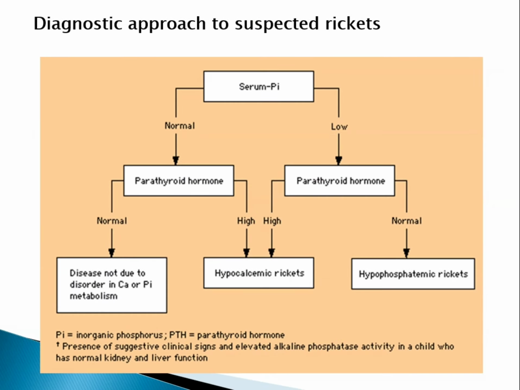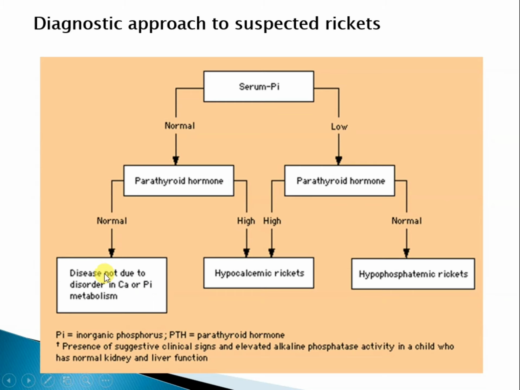So how can we diagnose rickets? First of all, we check the serum phosphorus. Here is the diagnostic scheme for rickets. If serum phosphorus is normal, then we check the parathyroid hormone, PTH. If it is normal, this is not due to a disorder in calcium or phosphorus metabolism.